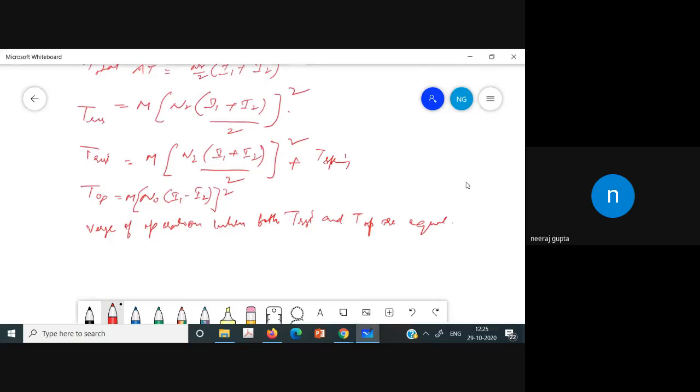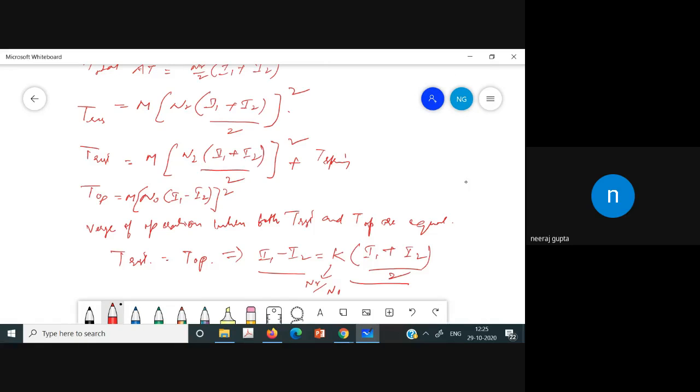So we can have T restraining equals T operating, and when we solve it, finally we are getting I1 minus I2 equals K times (I1 plus I2) divided by 2, and K in this case is NR divided by N naught. So finally we are getting this.